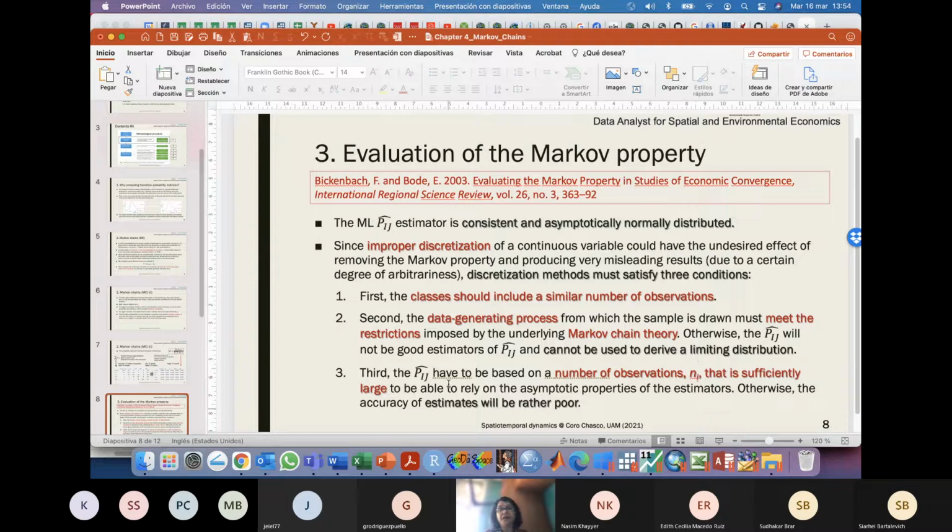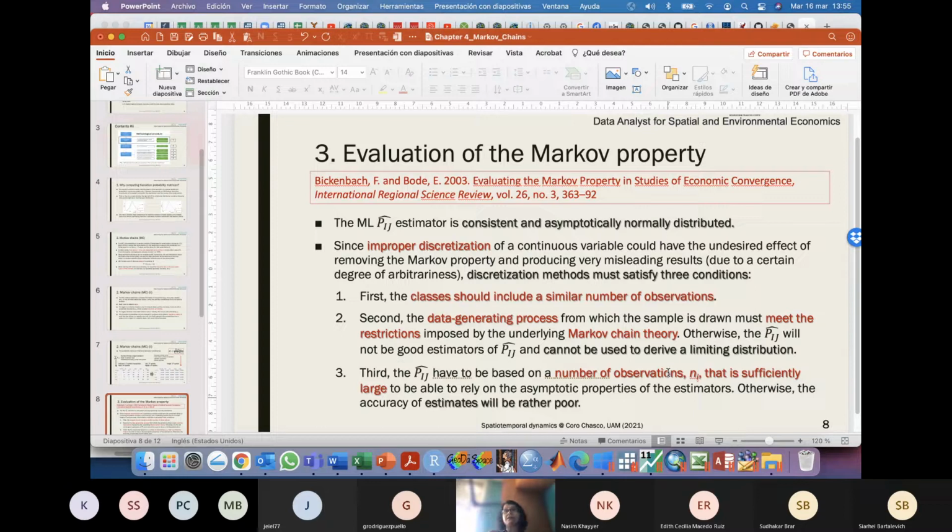Third, the PIJ have to be based on a number of observations, N_i, that is sufficiently large to be able to rely on the asymptotic properties of the estimators. As I said, this PIJ hat is an estimation that comes from a model and comes from some assumptions. And the assumption is that the estimator is asymptotically normally distributed.